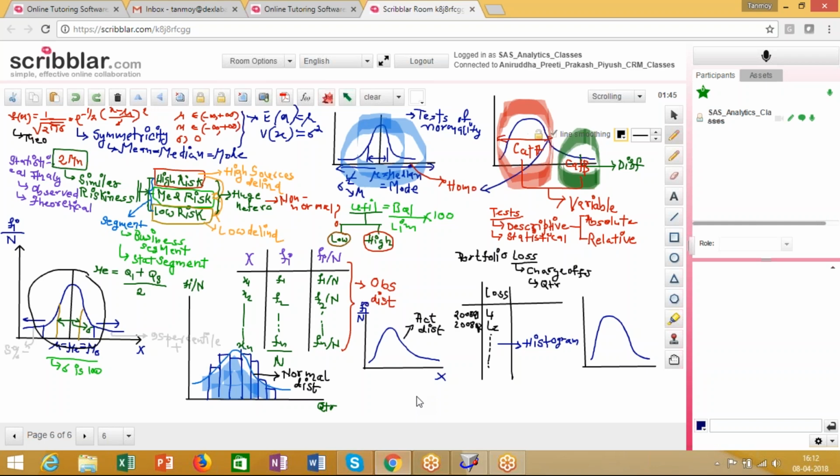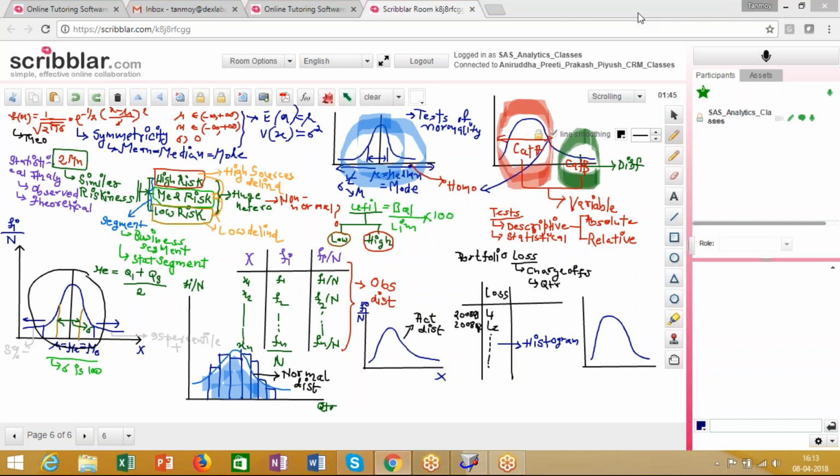Before I go into that, can you tell me whether these concepts, observed distribution, theoretical distribution, this example of loss distribution that I talked about, and the test using the graphical measure, is this part clear to you guys? So are you able to get the idea now, Anirudh?